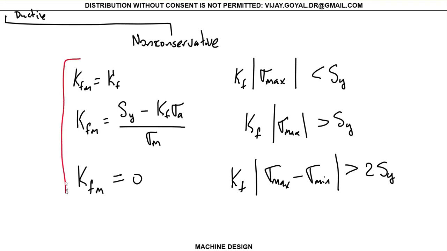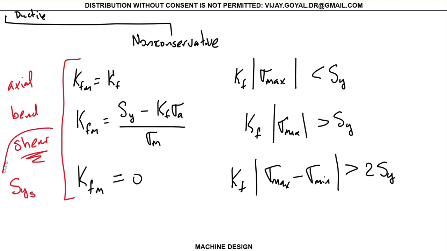You have to do these checks for axial separately. You have to do it for bending separately. And you have to do it for shear separately. Just remember when you're working with shear, wherever you have sigma yield, you have to use sigma s. For the case of shear, use this, and this will be sigma yield divided by square root of 3.